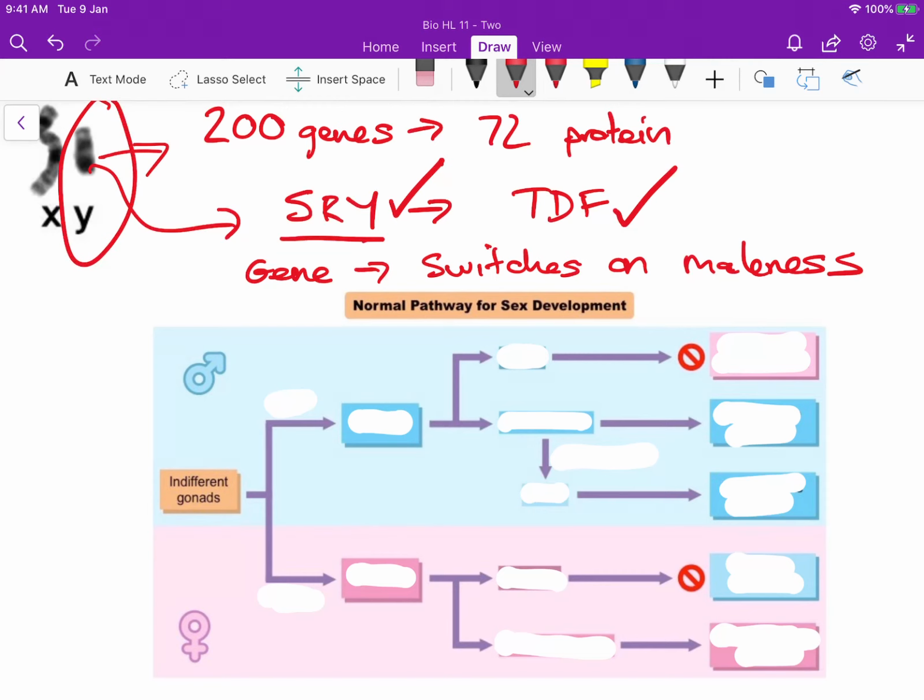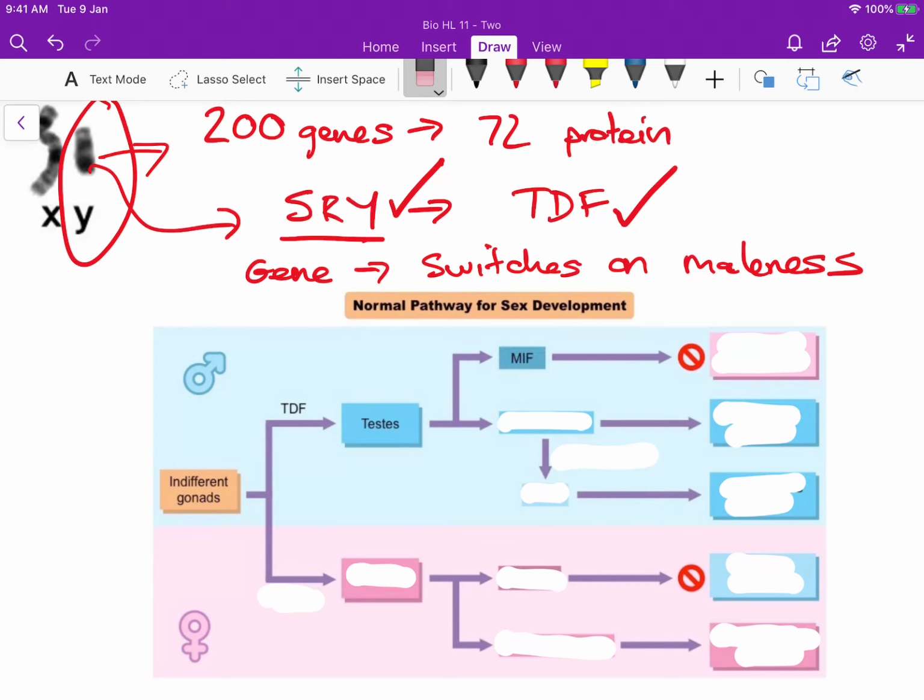And so early on in embryonic development, when you are still developing in the womb, if you're male, you switch on TDF, and the TDF leads to development of your testes. And the testes then will start to release two things.